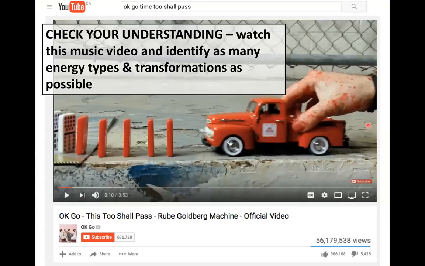So what I'd like you to do at the end of this video to check your understanding is watch this, my favorite Rube Goldberg. It is actually an official music video by the band OK Go. They've got really catchy music with videos that are often really interesting to watch because there's very little editing, and they often make use of math or science.